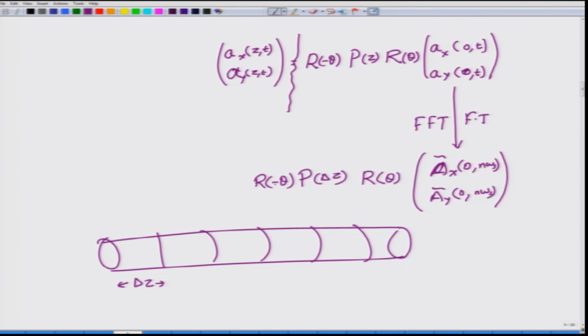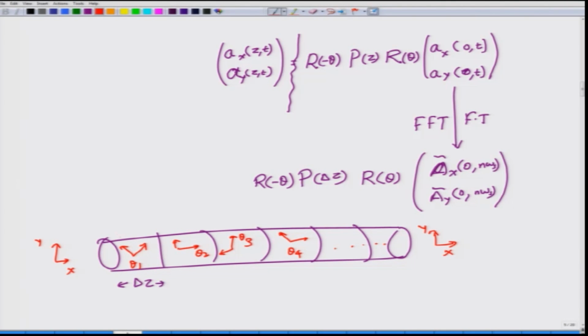In order to account for first order PMD, what we assume is that while the lab frame axes x and y are fixed in their orientation, the offset angle theta is different in different sections. So, let us say this is theta 1, this is theta 2, this is theta 3, this is theta 4 and so on up to the last section.